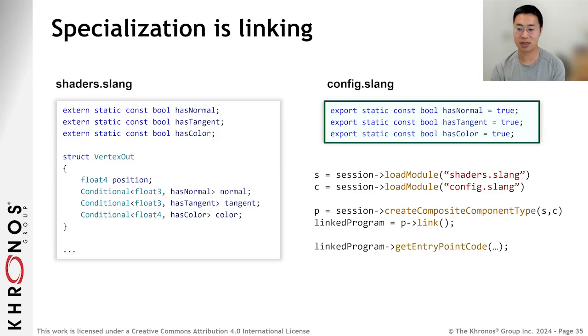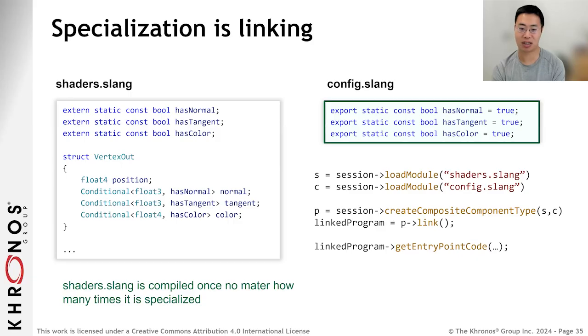And then I can produce the target code from the linked program, and the target code will be specialized with the constants. As you can see, I can specialize shaders.slang differently by linking it with different config.slang files. And no matter how many times I need to specialize it, the main body of that shader.slang file is parsed and type checked once, and only the smaller config.slang needs to be checked for each specialization.